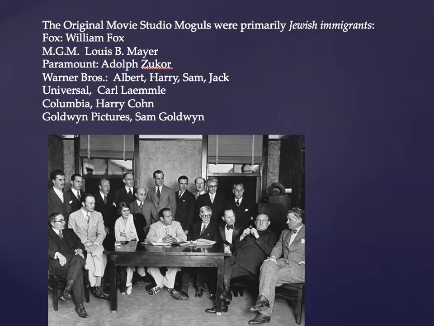They were not able to get into banking and some of the established industries, but motion pictures were brand new, and there was no old guard there keeping them out, so they could get into the motion picture industry and become moguls. And there they are from the studio. Again, don't worry about all their names, but there they are, this bunch of immigrants.